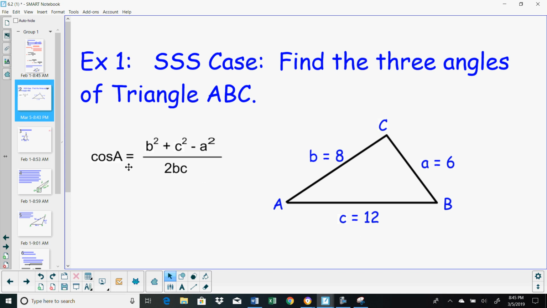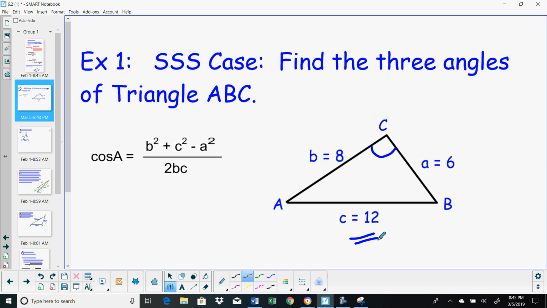We're going to use our formula for law of cosines. We could try to find any of these angles, A, B, or C, first, but I think we should start with the largest angle first. The largest angle here would be angle C, because it's across from the largest side.